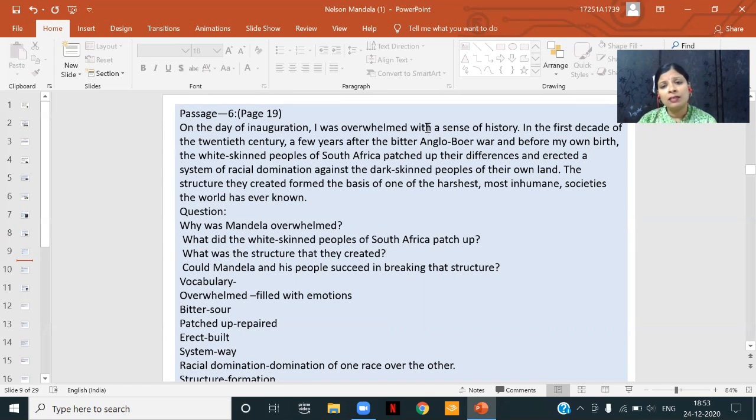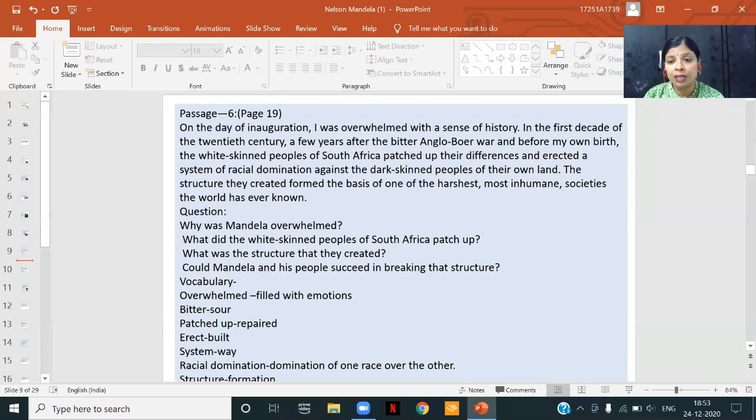So Nelson Mandela says that I feel very emotional with the sense of history today because in the first decade of 20th century, that means at the dawn of 20th century, that means when 20th century began, and a few years after the bitter Anglo-Boer War. So at the beginning of 20th century, there was Anglo-Boer War. That is, Anglo-Boer War is nothing but a war between black farmers and the white people. Okay, that is referred to as Anglo-Boer War.